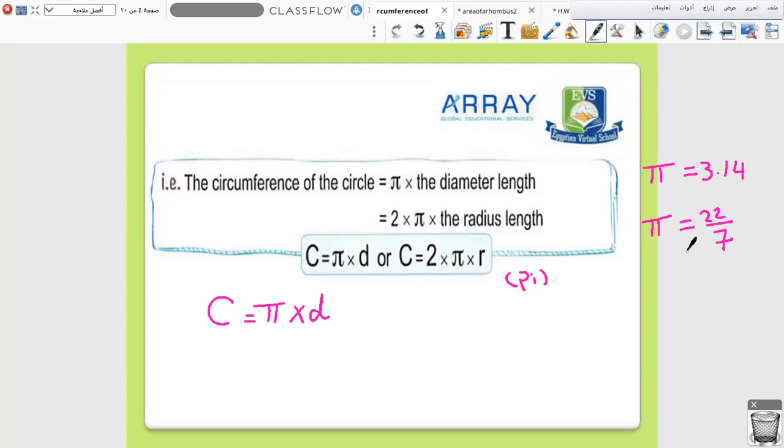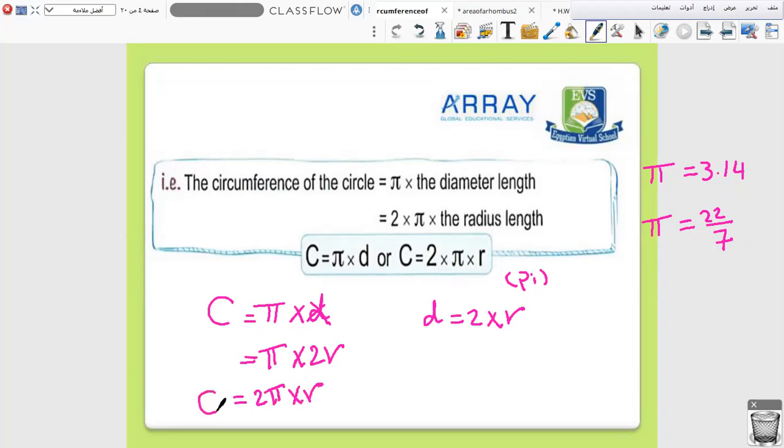given in the problem. So pi is a constant value, d is the diameter of the circle, okay? And as you know, d is twice the radius, so I can cancel d and put 2r instead of it, so it will be pi times 2r, and I can write it as 2 pi times r.